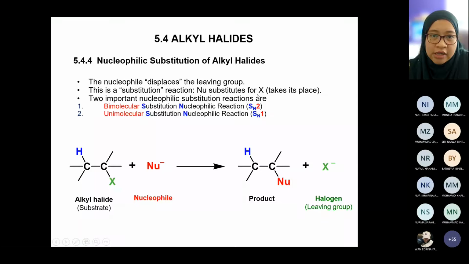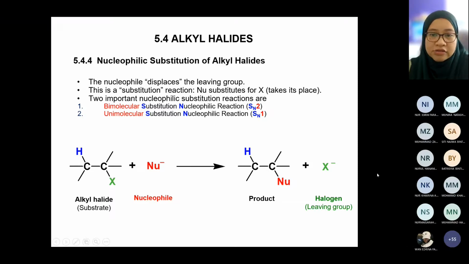The nucleophile substitutes for X. We have two important types of nucleophilic substitution for alkyl halide. The first one is known as SN2, and secondly, we have SN1.